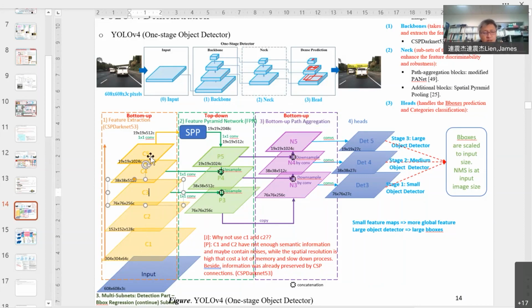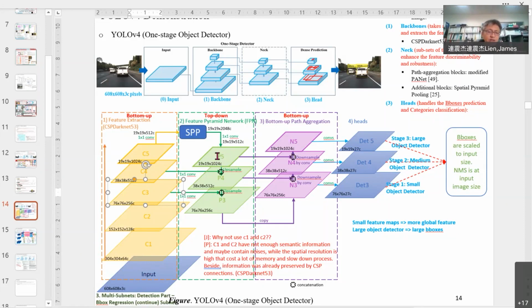We have 5 stages, and then we copy to here. So P5 is already far away from the original information, because it does encoding and extraction. Finally, here they already lose a lot of the original information.